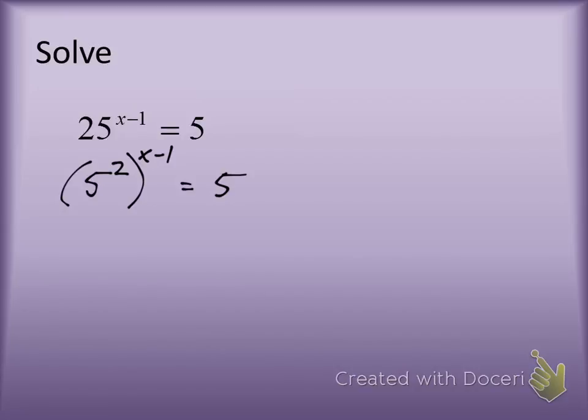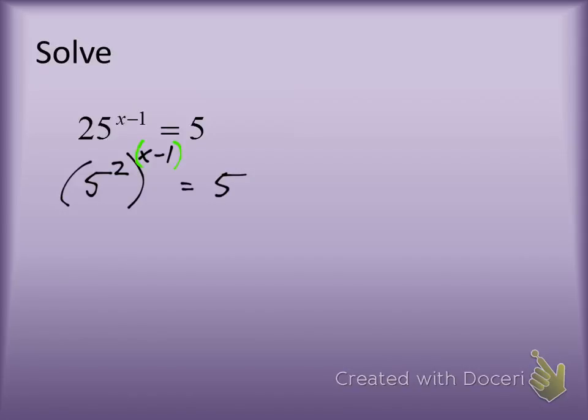All right, now, let's see. 5 to the second to the x minus 1. Power to a power, you do what? You multiply. That's what we're getting to, okay? X minus 1 is what B word? Anybody know? Does anybody know that B word? Nope.